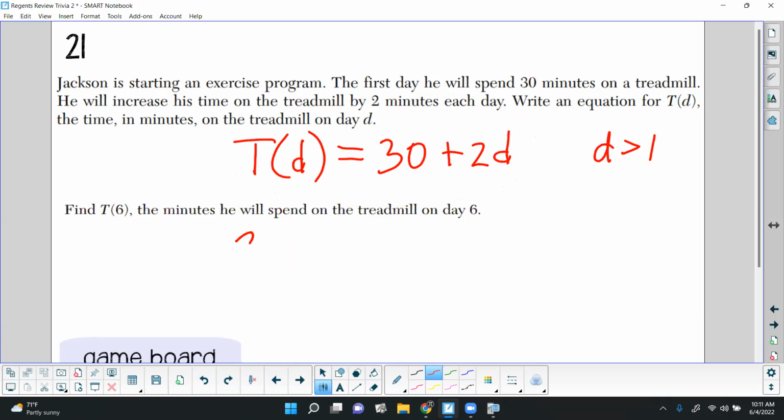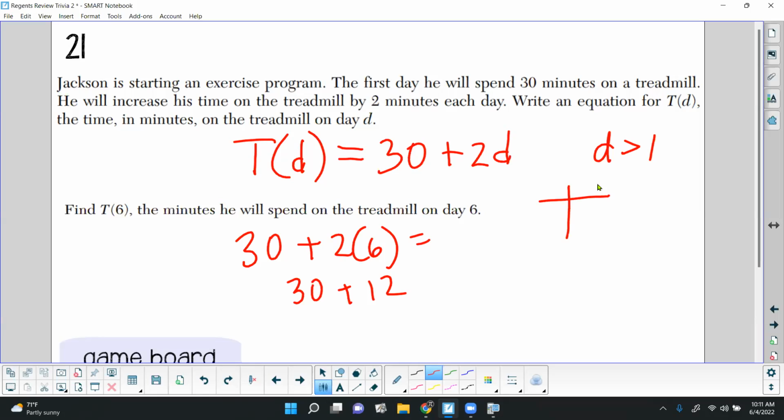So for 6 minutes, it would be 30 minutes the first day, plus 6 days worth of additional 2 minutes. And that would give us 30 plus 12. This is a tricky question. Because I think some of you didn't realize that the first day was actually day 0, and that was 30 minutes.